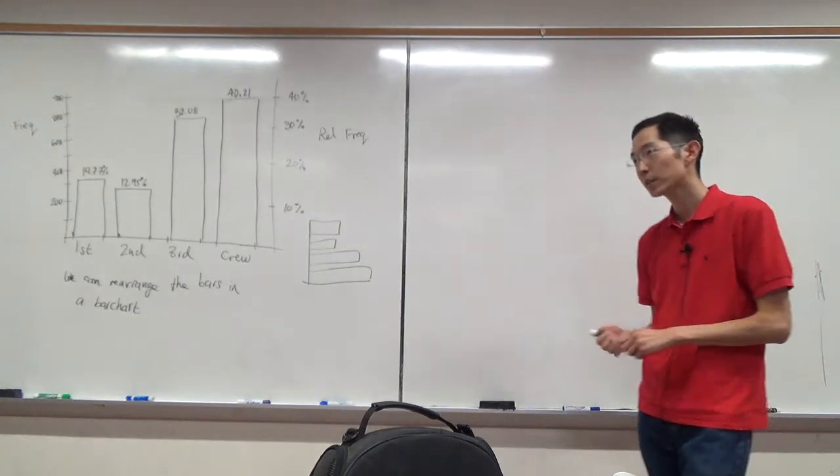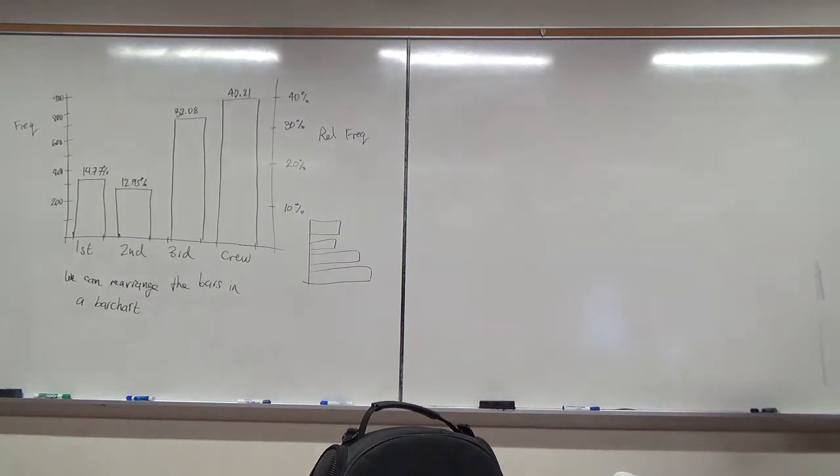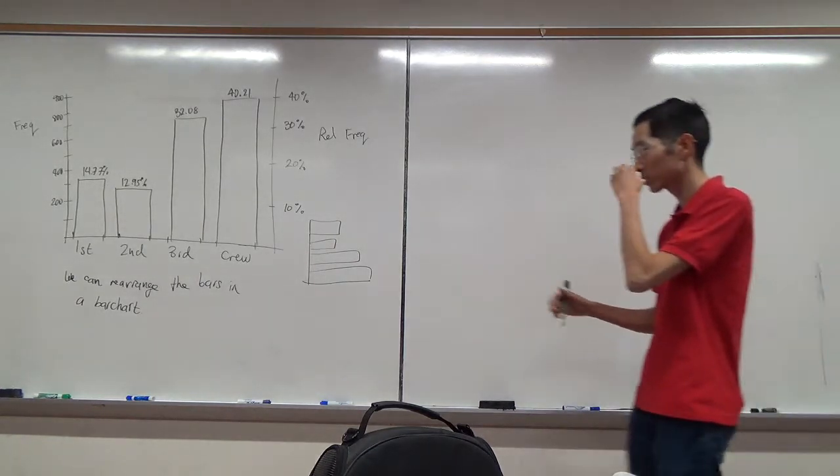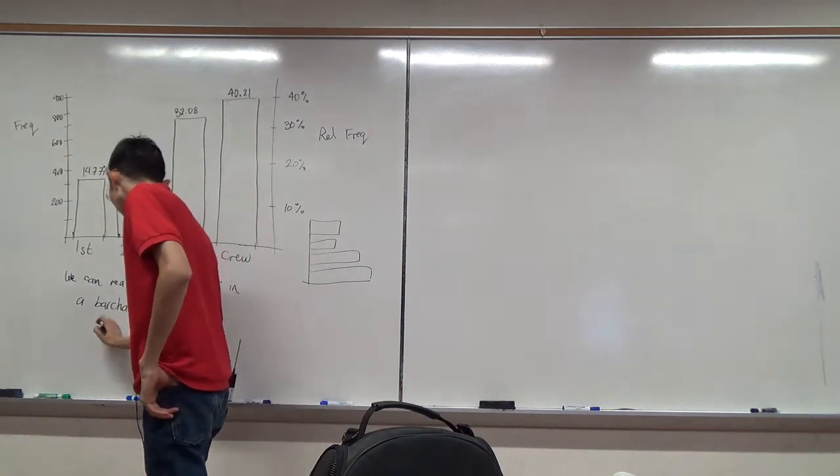On the other hand, we might have percentages that aren't what we would call mutually exclusive. Okay, so over here, each category, each person can only belong to one category.